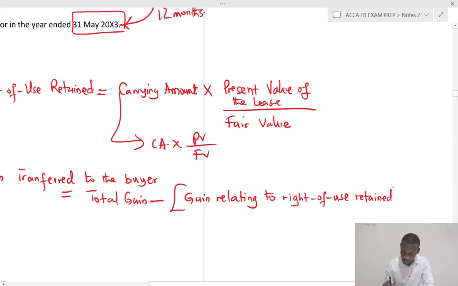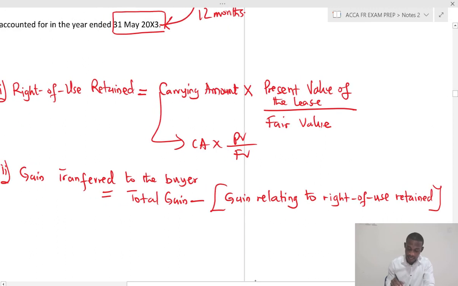And this is also a must-learn. So we have to look at how to calculate these two figures at the initial measurement.